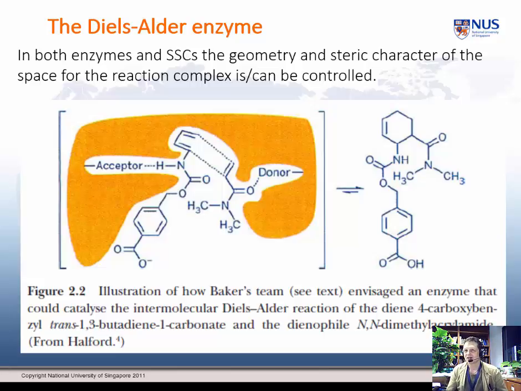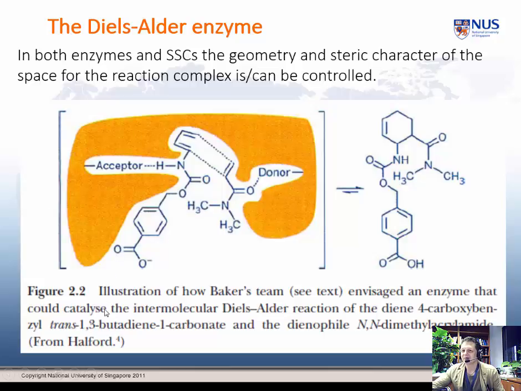So what we can actually do, because enzymes and SSHCs operate similarly, they control the space, they control the reaction volume, if you like, to do the reaction. So, again, the reference is on the slide, the next slide, or the previous slide.